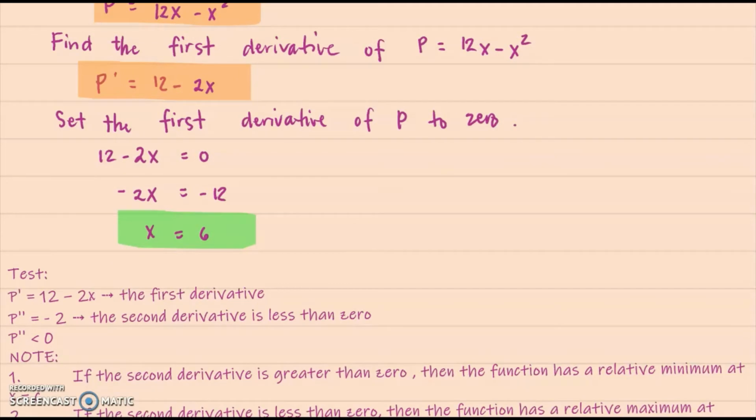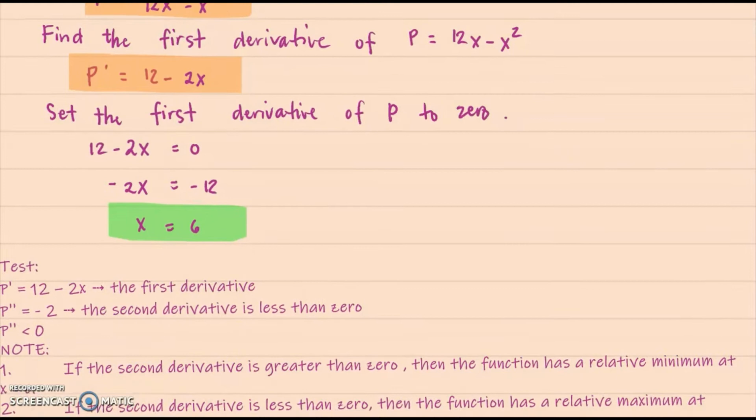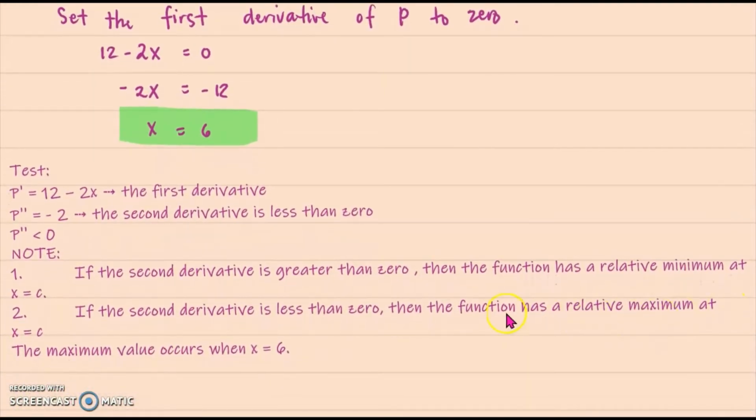Now let's test. The first derivative of P, or P prime, is equal to 12 minus 2x. The second derivative is basically finding the derivative of our first derivative, so that's equal to negative 2, which is less than 0. Note that if the second derivative is greater than 0, then the function has a relative minimum at x equals c.